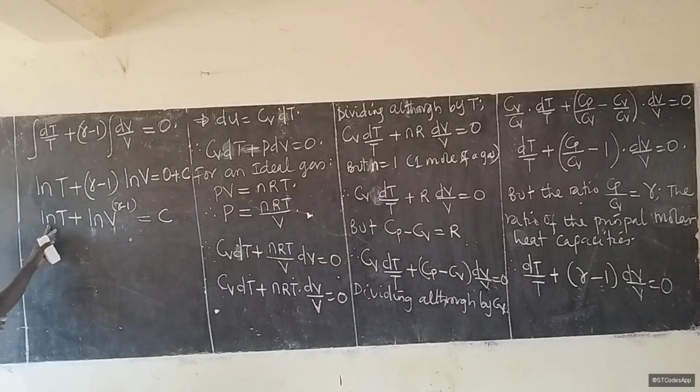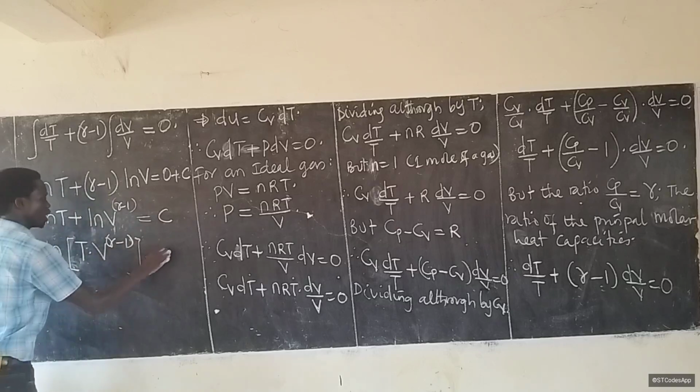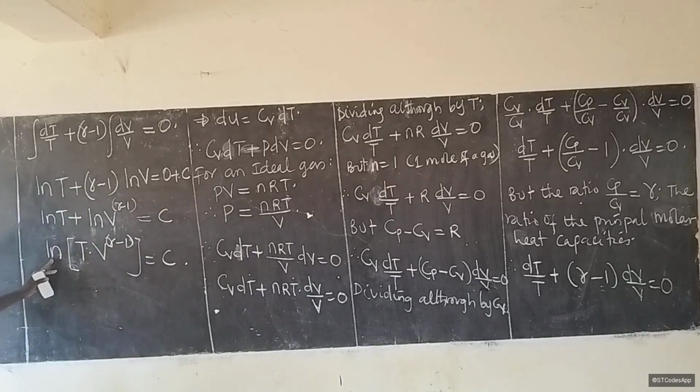So in this case, I can still apply the laws of logarithms here. I'll have ln of T plus ln of V to the gamma minus 1, so this is actually ln of T times V to the gamma minus 1, equal to c.